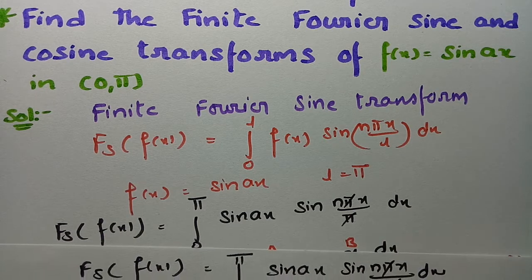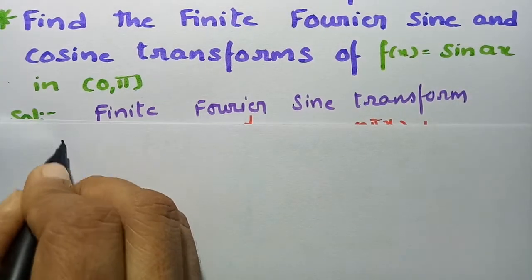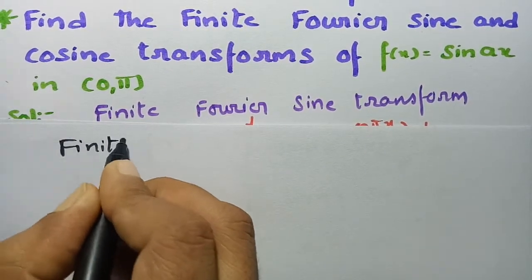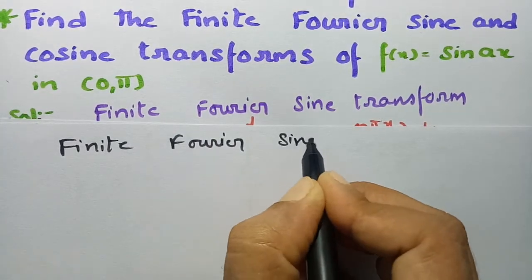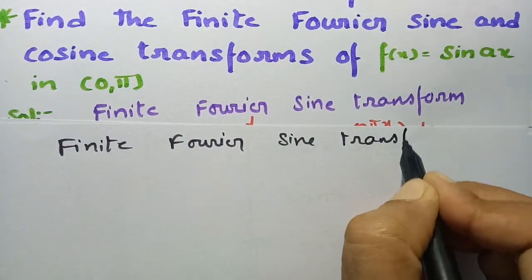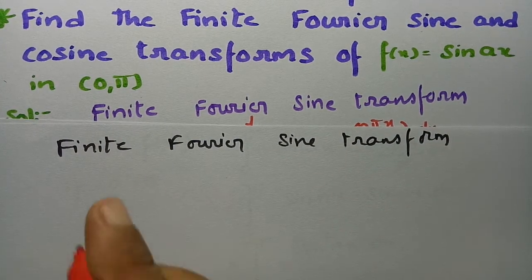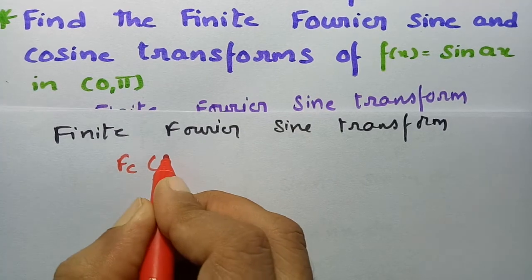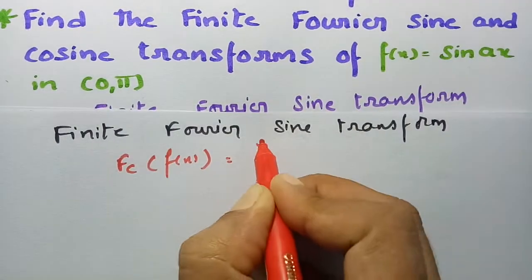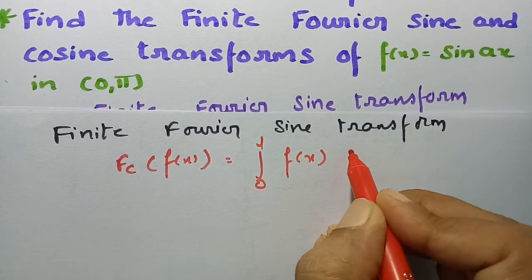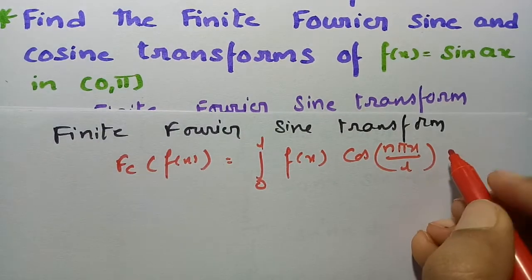The Fourier cosine transform of the function f of x is given as the integral from 0 to L of f of x into cos n pi x by L dx.